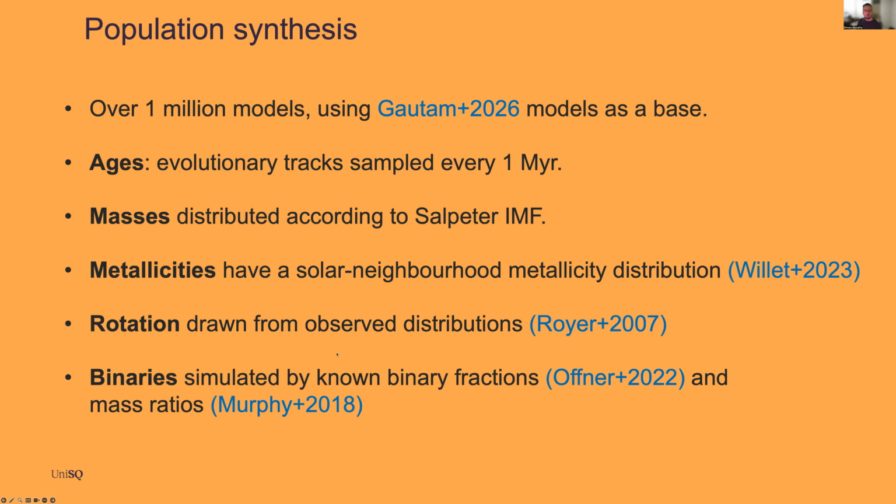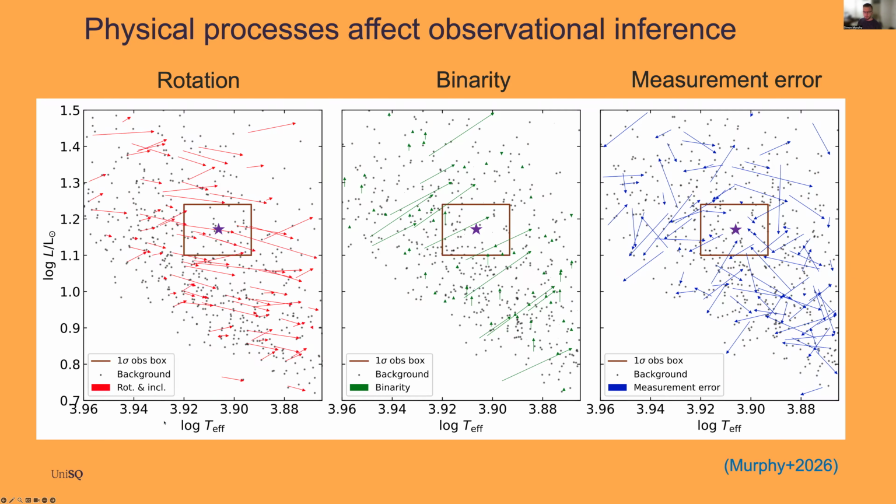The rotation is drawn from observed distributions. Again, Dan Hey showed these distributions in his talk. They come from this series of papers. And binaries are simulated using known binary fractions from Stella Offner's paper, and also using known mass ratio distributions, which come from pulsation timing. So these physical processes can affect observational inference.